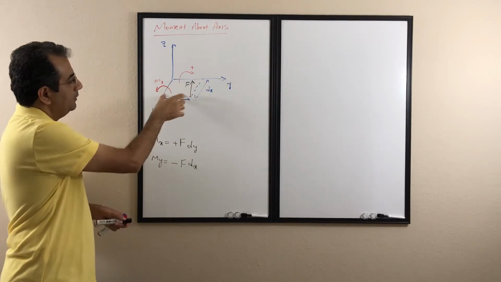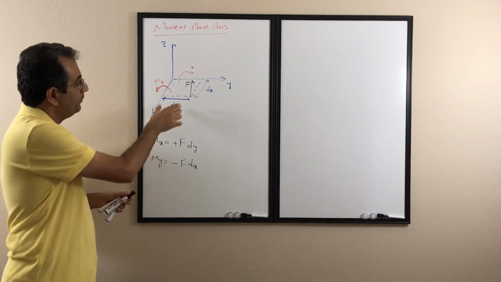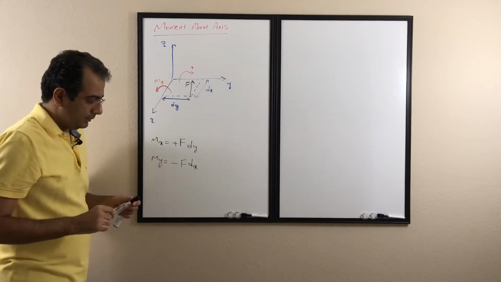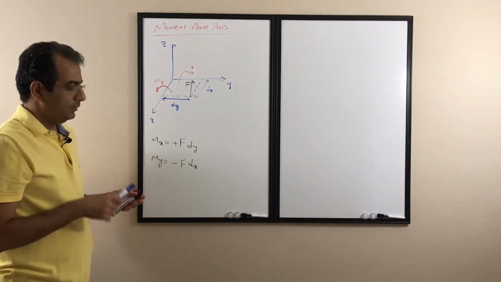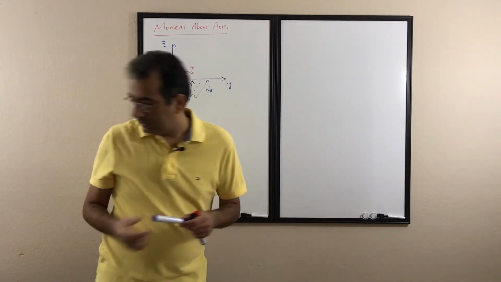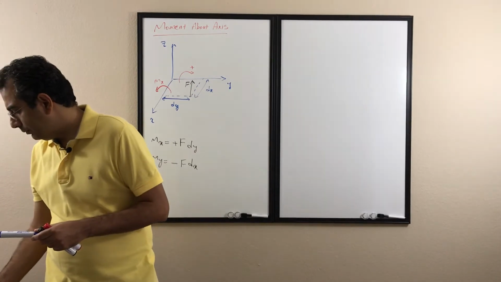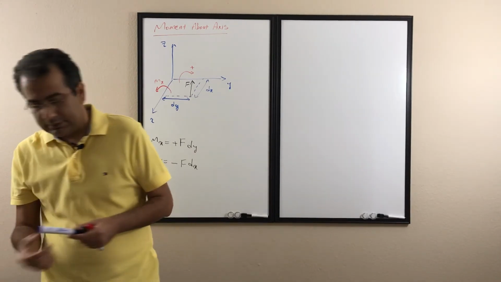That works if we can get the direct distance between the force and the axis, but sometimes we cannot. If we cannot get that, assume we have a more general case.